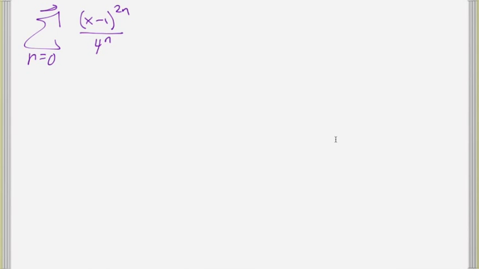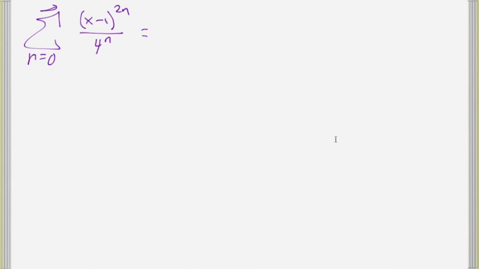So I'm going to do my limit as n goes to infinity of a sub n plus 1 over a sub n. You know what? This is geometric. Let's make our life easier and do this as geometric. Geometric means we're multiplying by the same thing over and over.